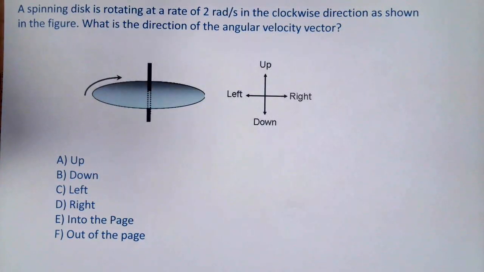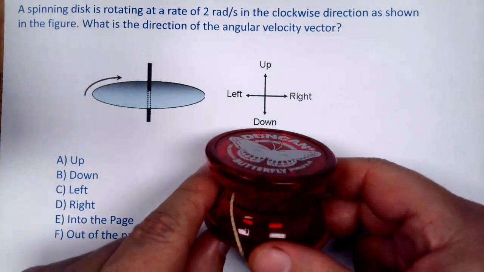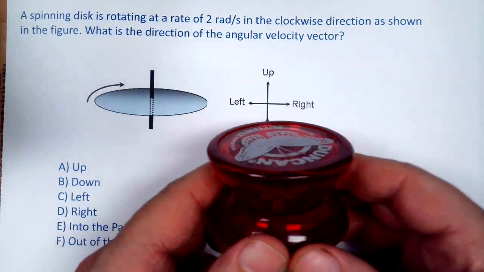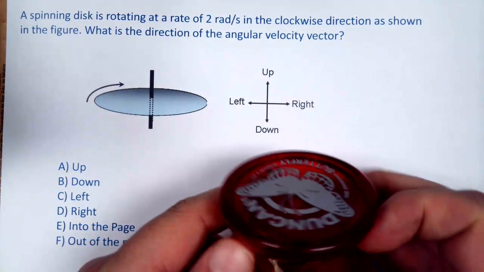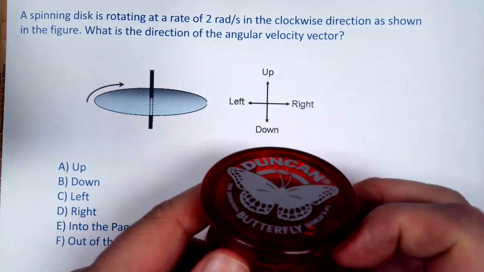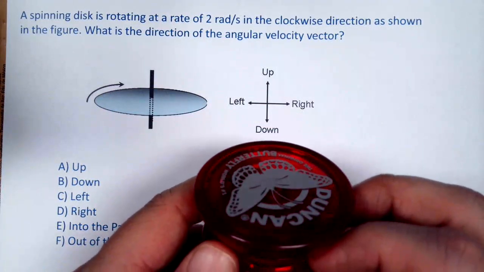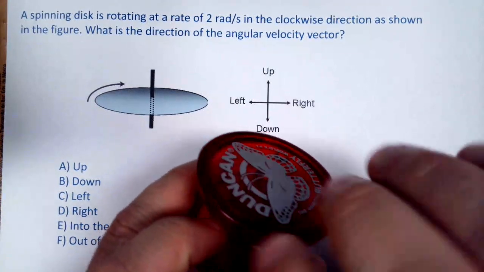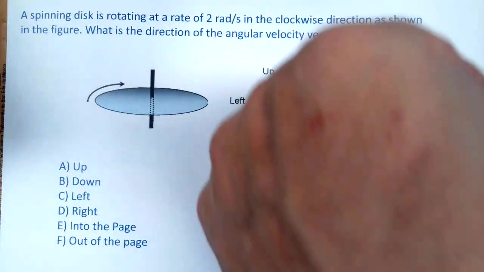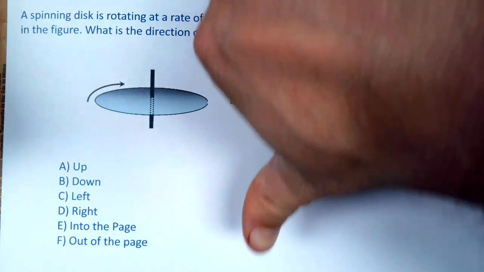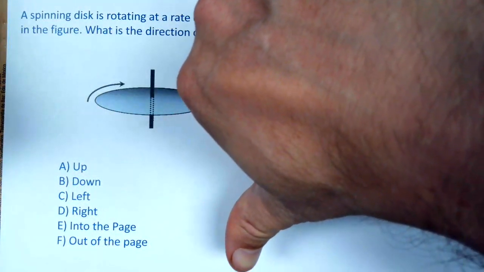So in this case, we have a spinning disk, and it's rotating again in the clockwise direction, but this time it's kind of rotating like this. Let me hold it like so. So that means that it's within the left, right, and into and out of the page plane, and it is turning clockwise. So once again, I will take my right hand, I will grab the wheel, and when I do that, my thumb points down the page.